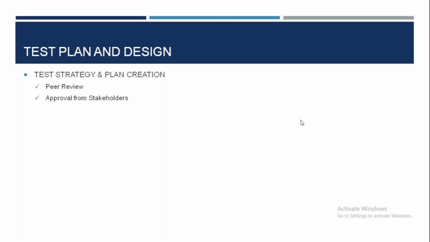So your next job is to come up with the test strategy and test plan. So test strategy is a brief document, test plan is a very detailed document. In some projects they only create a test plan, but in some projects they create a test strategy as well as a test plan. So what all will be the different sections in that?